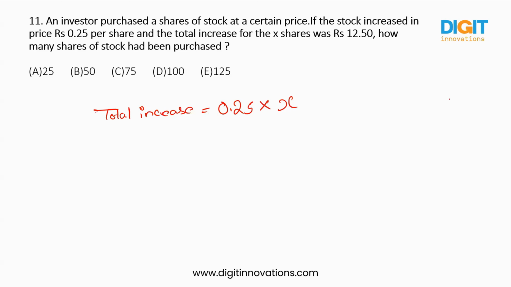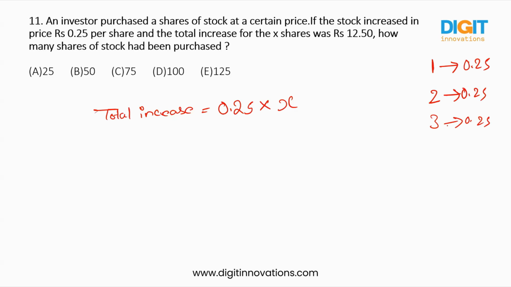For example, once one share got purchased, then you'll get 0.25, and 2 means it would be 0.25, 0.25, and 3 means 0.25, 0.25, 0.25, and that means you will get here in this way. 4, then you're going to add another 0.25.